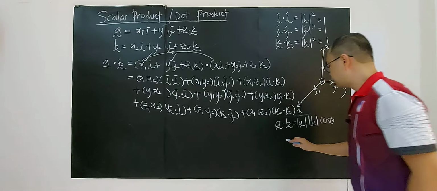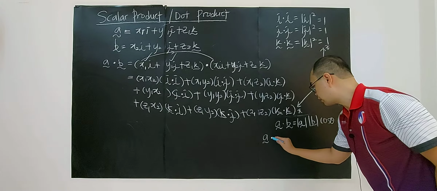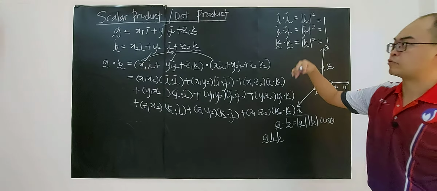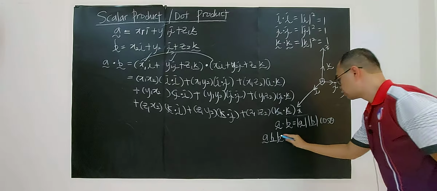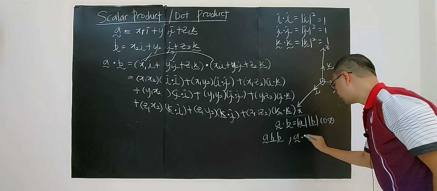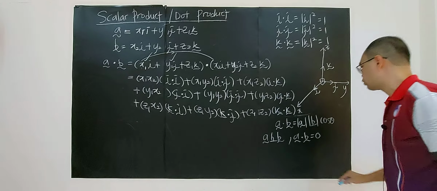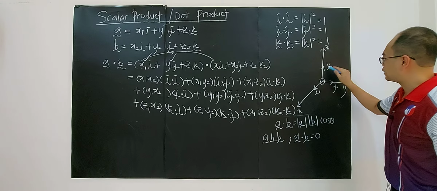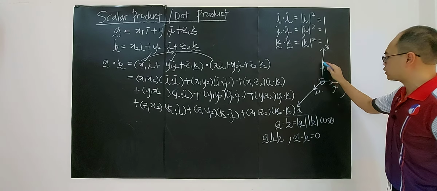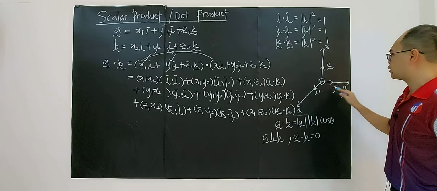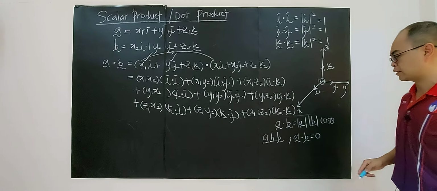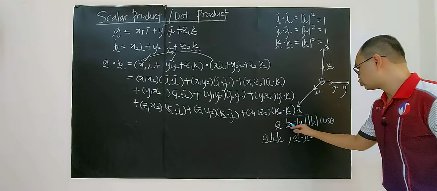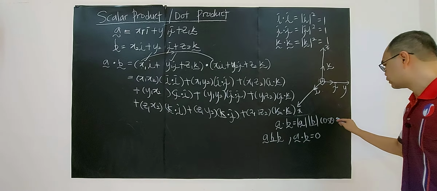And if a is perpendicular to b, from the first video where I talked about the definition of scalar product, then a dot b will be equal to 0. As you know, vectors i and k have an angle of 90 degrees between them because they are perpendicular. j and k are perpendicular, j and i are perpendicular. So a dot b will be 0, because cos 90 is 0.